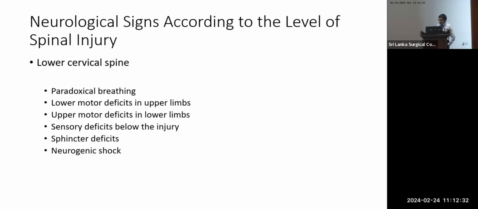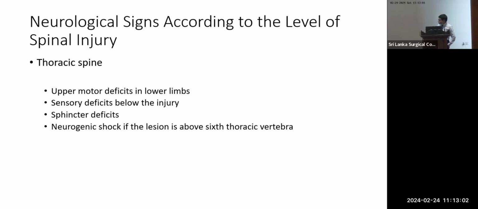So that will cause distributive shock. Although the blood volume is normal, assuming there is no hidden or concealed bleeding in the abdomen or pelvis, which may be hidden without physical signs due to spinal injury, even if the blood volume is normal, because the vasomotor tone is gone, they can go into neurogenic shock.